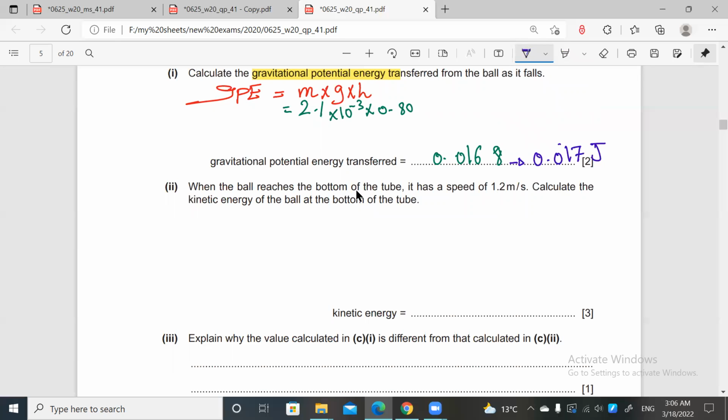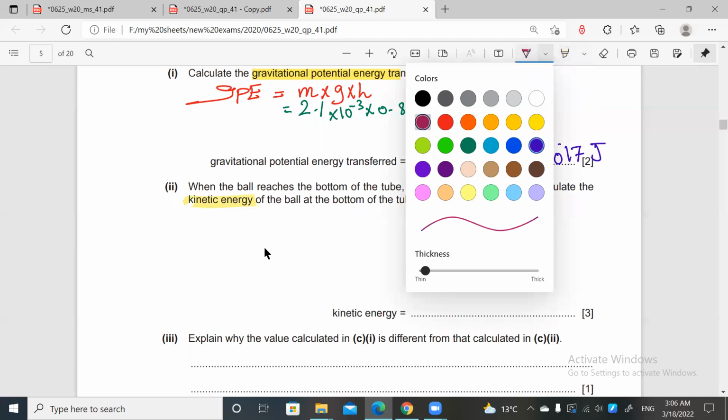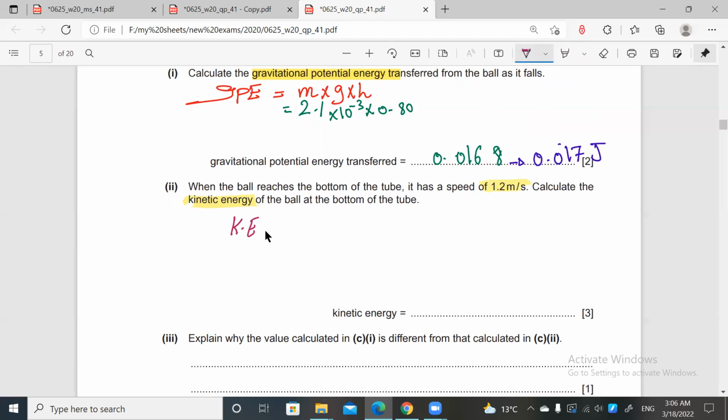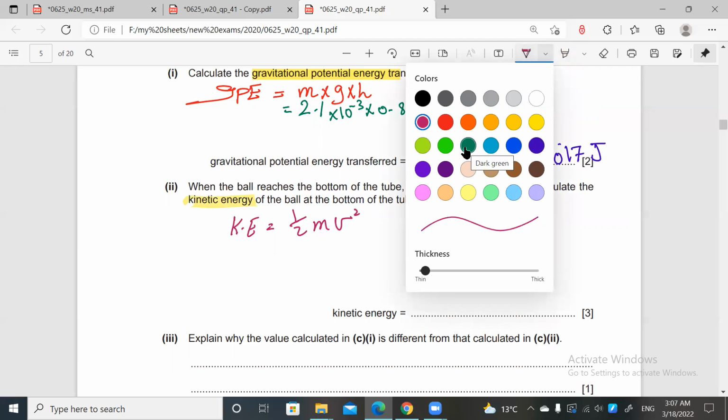It says that when the ball reaches the bottom of the tube, it has a speed of 1.2 meter per second. Calculate the kinetic energy of the ball at the bottom of the tube. Okay, it's so simple. The kinetic energy is equal to half mv squared. Let's substitute in the questions.